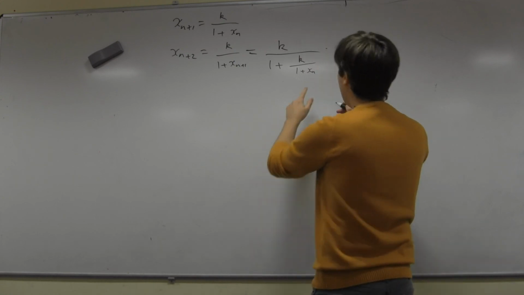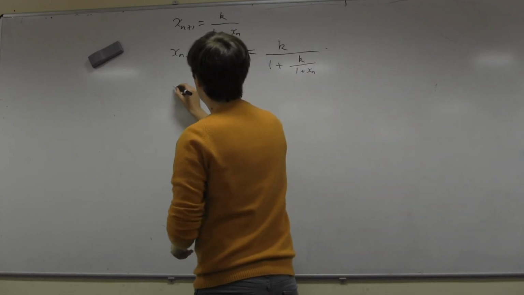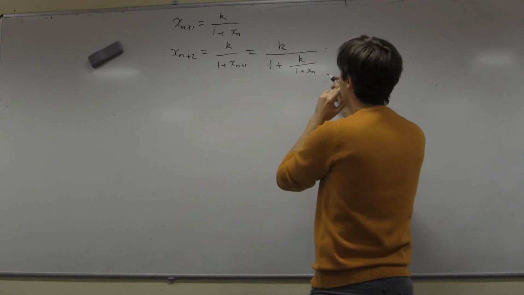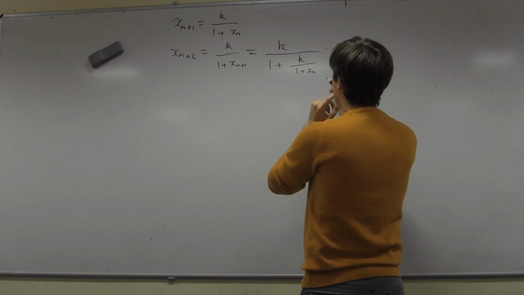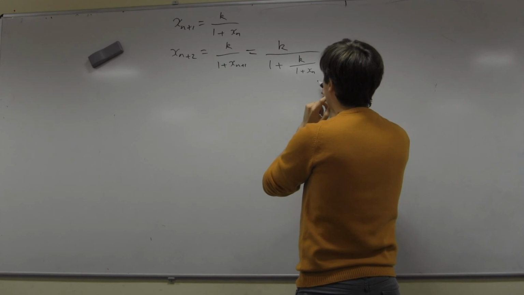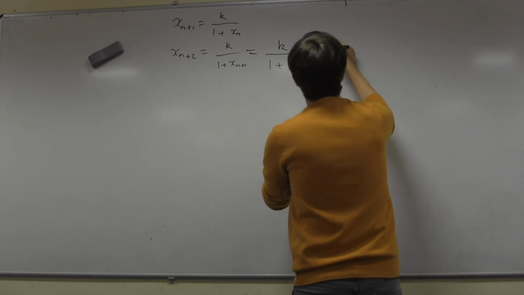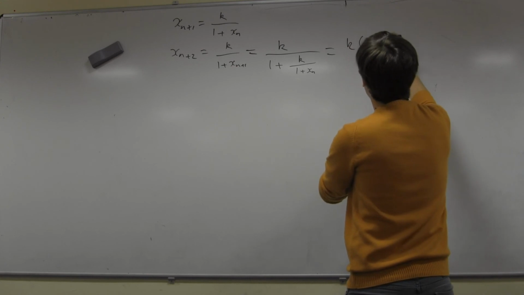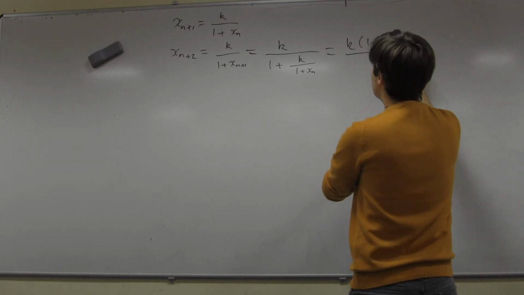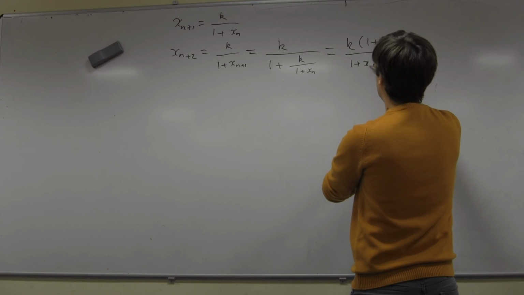So if x1 is positive, then... I don't know. Maybe we should have done that. It's not obvious to me. What did I say? 1 plus xn plus k.